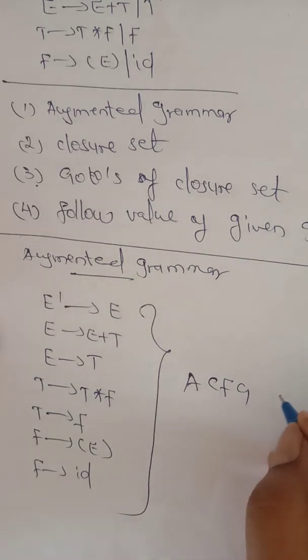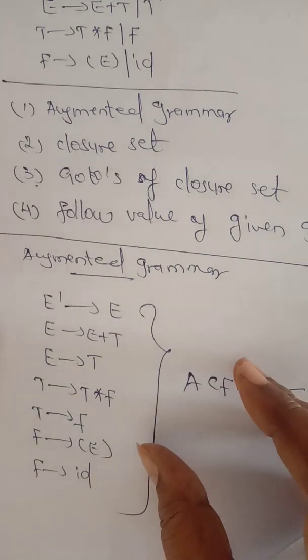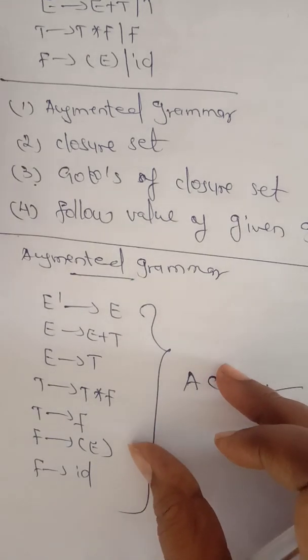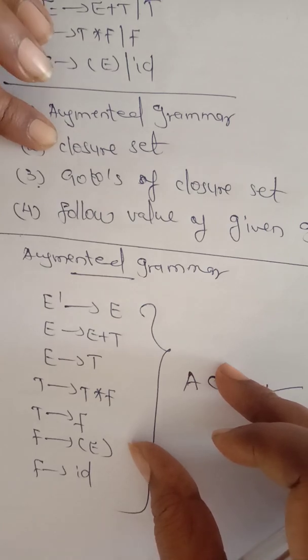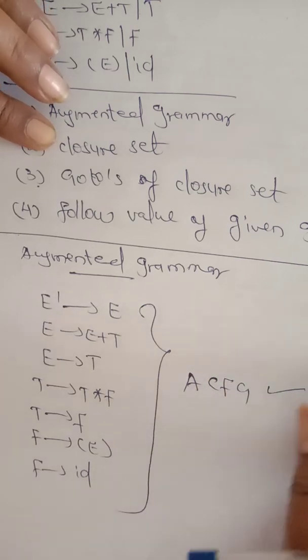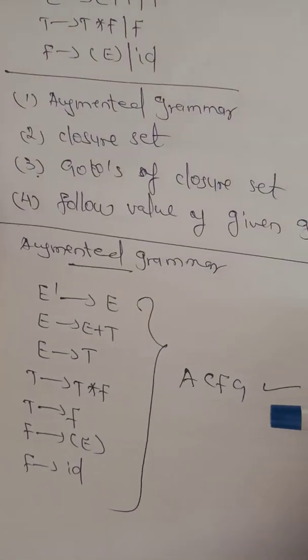Step 1 is over. Using that we have to construct the closure set, or initial set, of the LR parsing table. To construct it, you just add the dot operator at the start of the right side of each and every production.